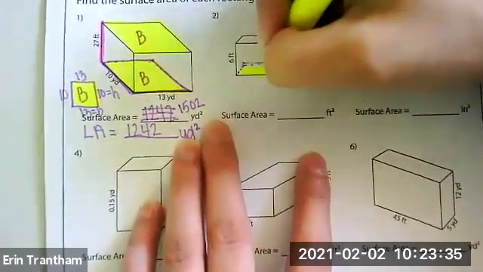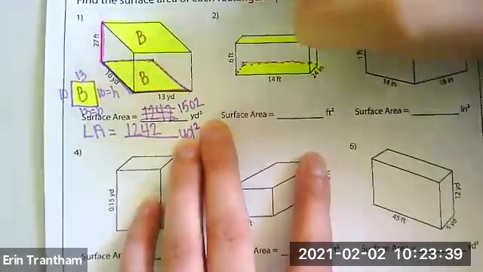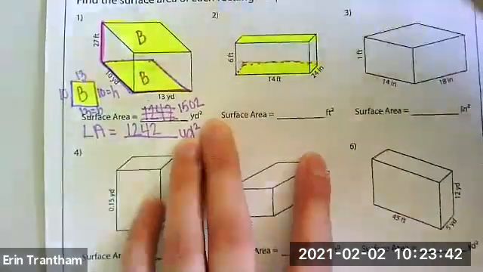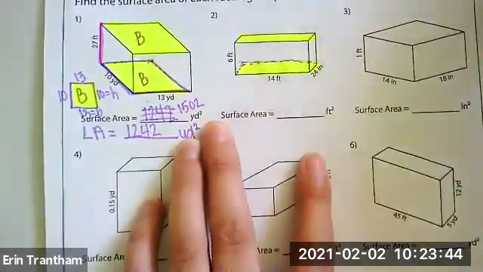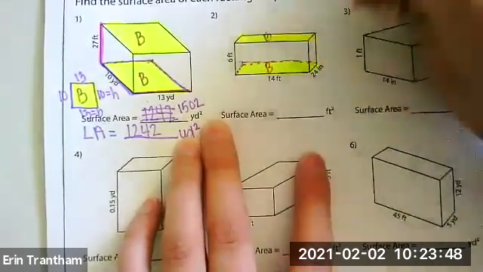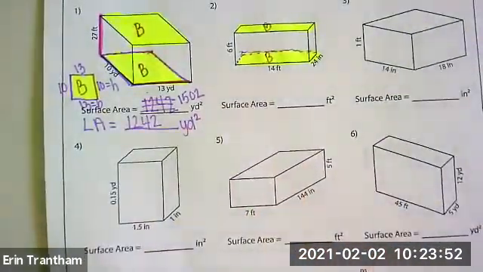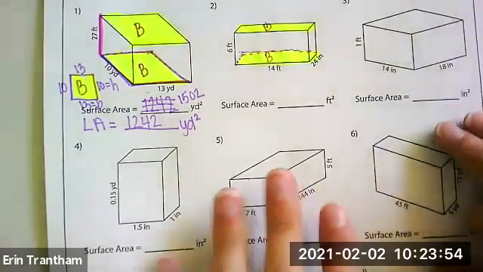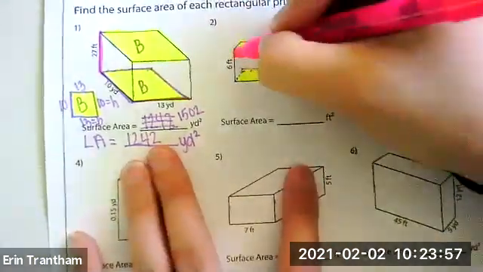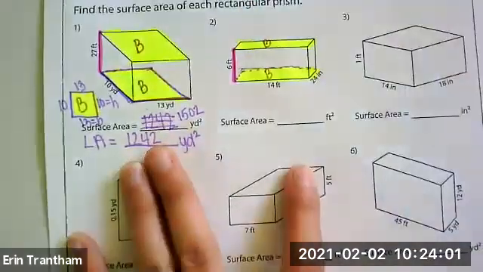And your other base is on top because it's congruent and parallel, so highlight the top too. These are your bases. And where's your height? The length, the side that's connecting the two bases.